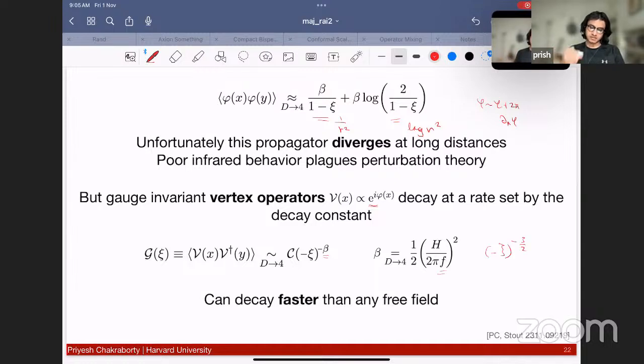It's set by 3/2, but beta can be larger than 3/2 easily. But importantly, as I send F to infinity, I should recover the dynamics of a massless, light compact scalar as well, because F is much larger than Hubble.